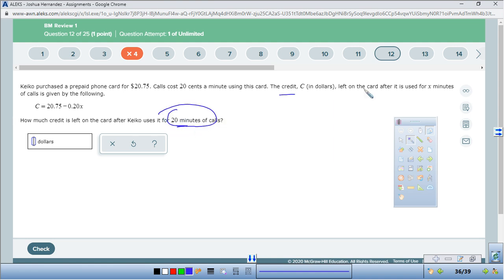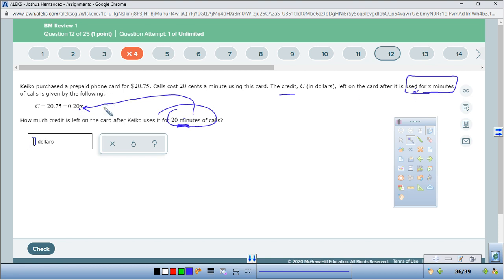So 20 minutes, x minutes, so I want to plug that in. I'll plug it in there.